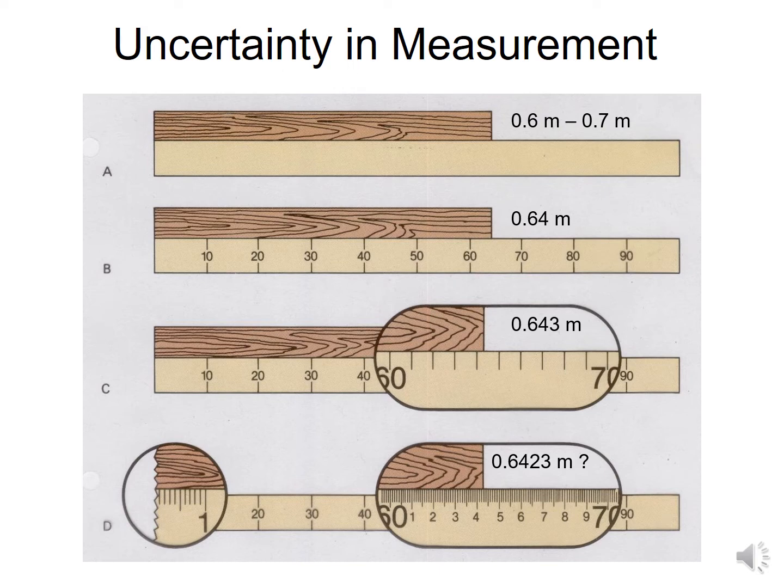So what have we seen here, really? We see that as we subdivide our meter stick, we get more and more decimals in our measurement. But perhaps we haven't noticed that there's a pattern to it.